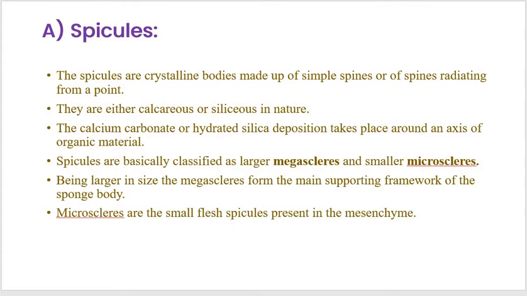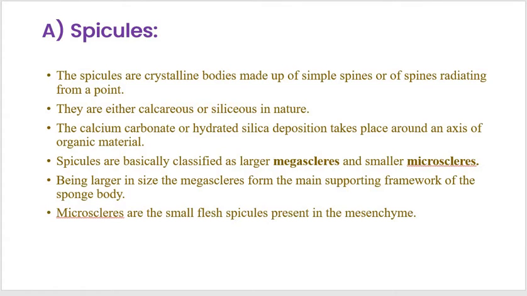Why glass? Because the appearance of such sponges is like glass. Siliceous means the main supporting framework, the spicules, are made up of silicon dioxide. So spicules are either calcareous or siliceous in nature.